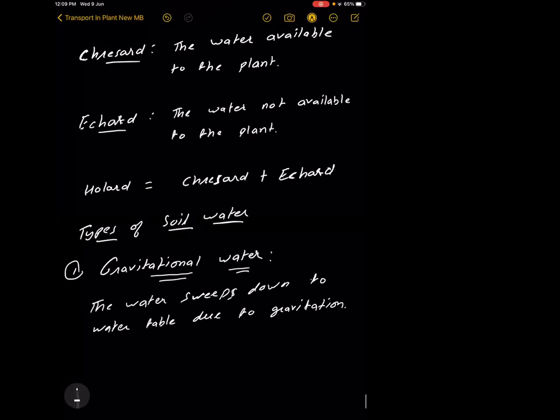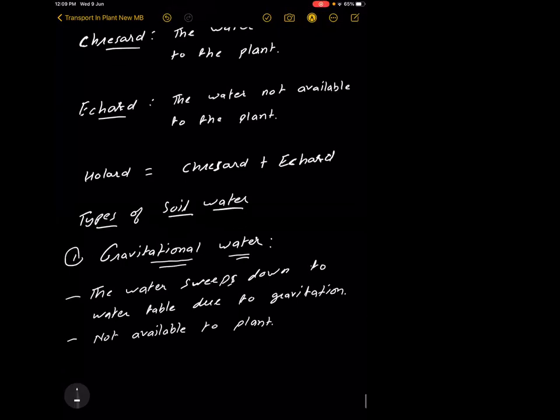It is not available to plant. Not available to plant. Clear?